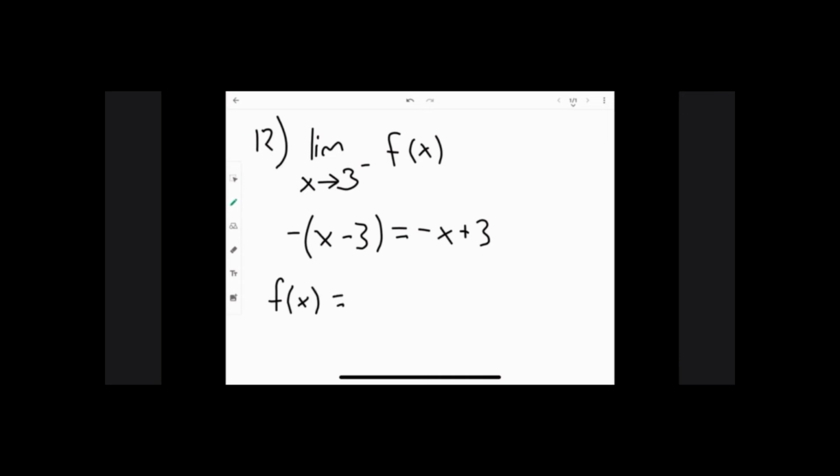So the limit does exist, which means that 3 is false. Part 4 says that lim when x goes to 3 f of x exists. What we have to do here is substitute 3 into x minus 3 and we get that f of x when x goes to 3 is equal to 0. So it does exist, so that means that 4 is true.